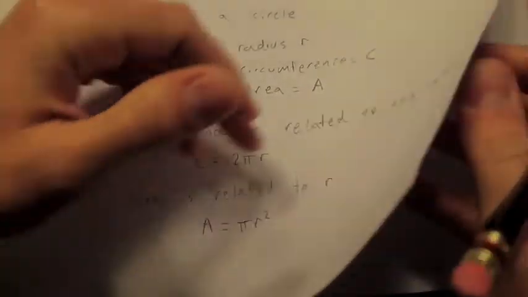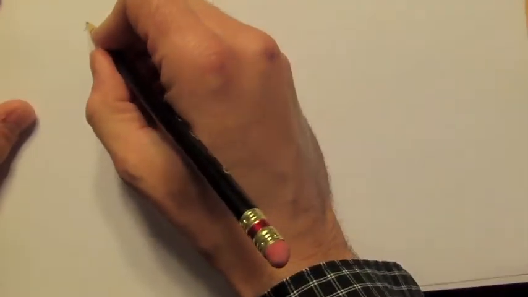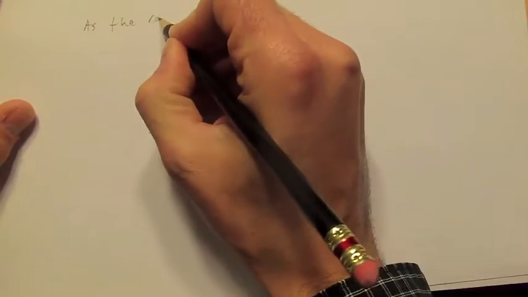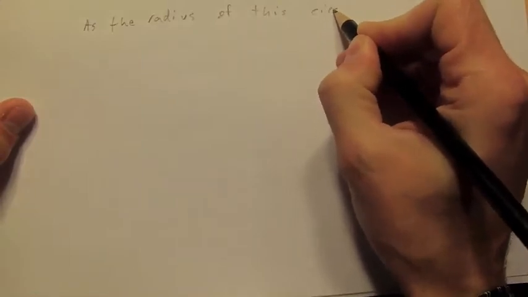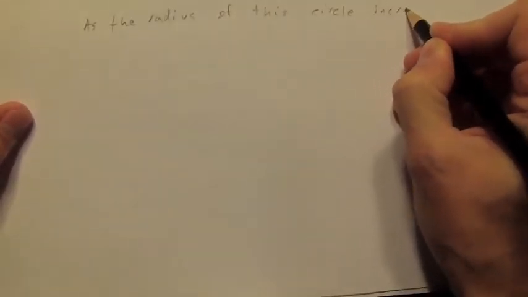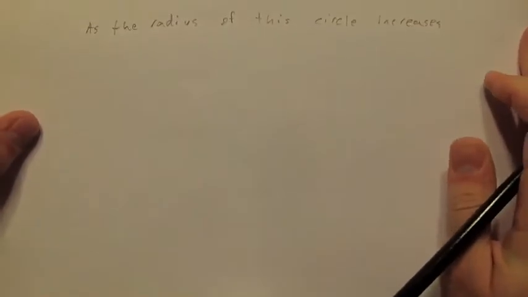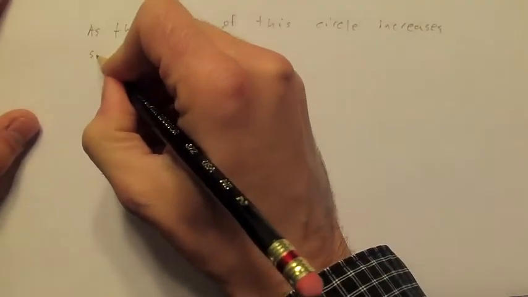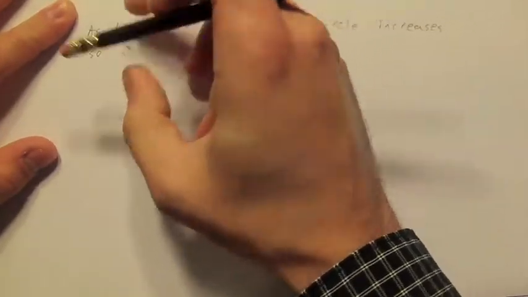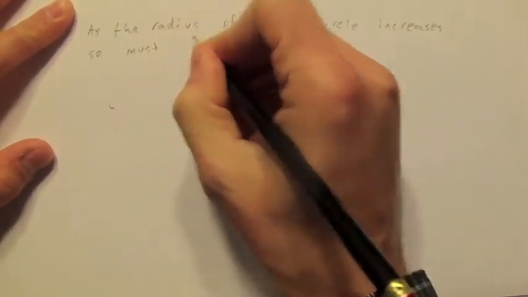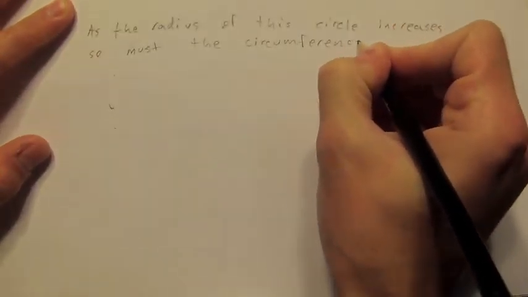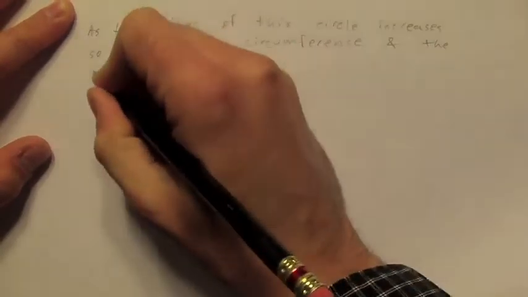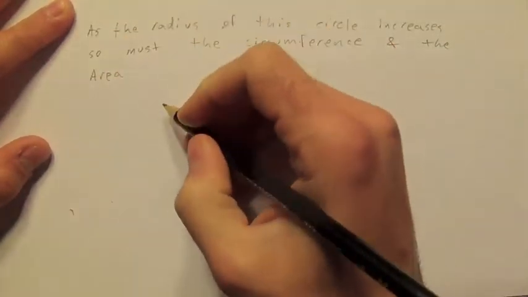So, as the radius of this circle increases, so must the circumference and the area, provided it stays a circle.